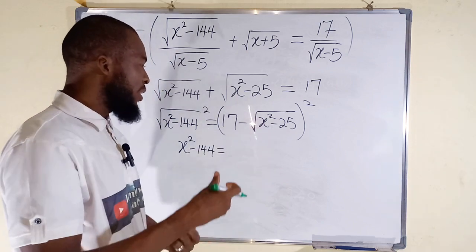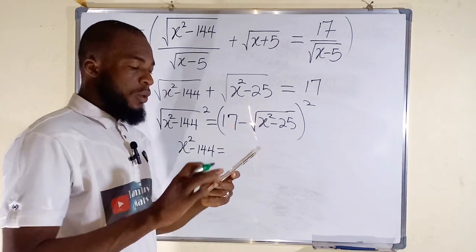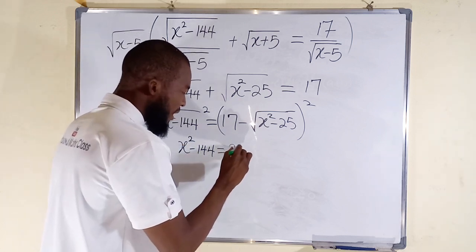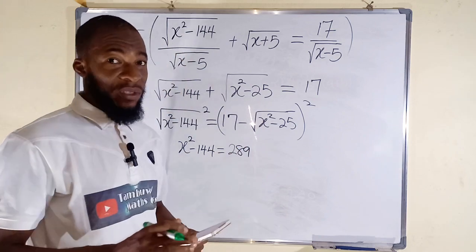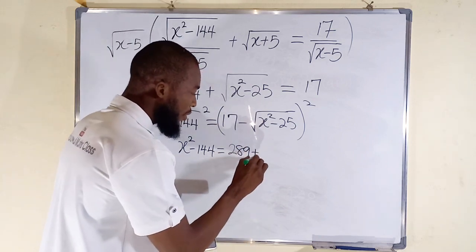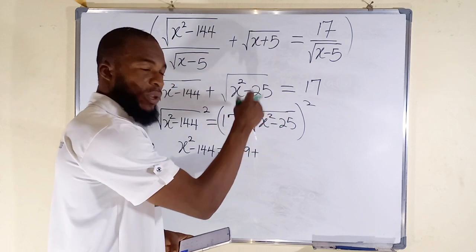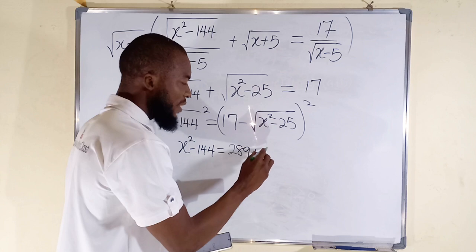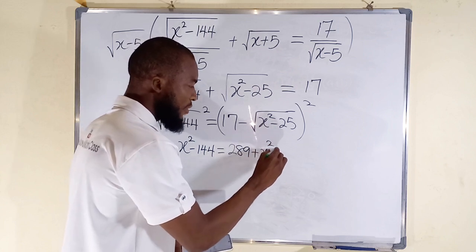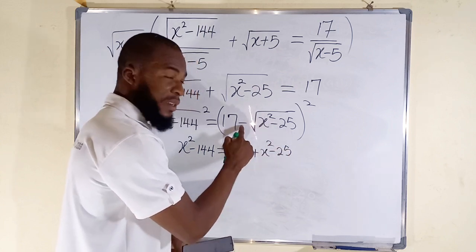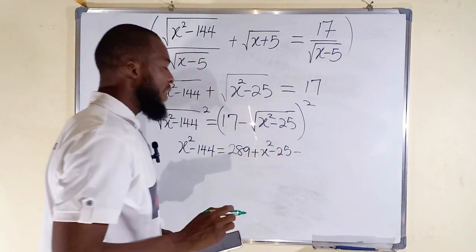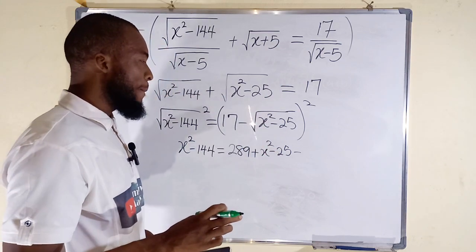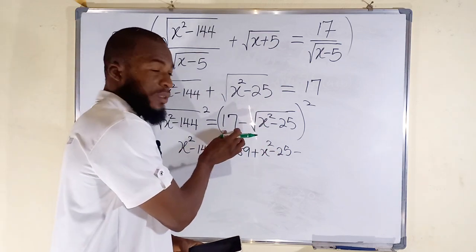So let me use my calculator. The first term squared, we have 17 squared, which is 289. Then you take the second term and square that as well, plus, if you square this, it will eliminate the square root, leaving x squared minus 25. Then this sign is minus. Then you take this times this, and you also multiply by 2. 17 times 2 is 34.